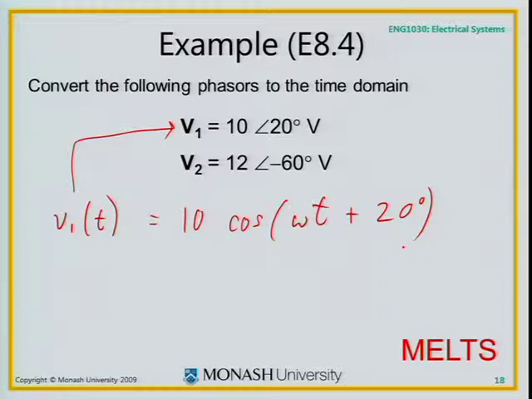You just need to do V2(t). 10, 9, 8, 7, 6, 5, 4, 3, 2, 1. And nearly everybody.